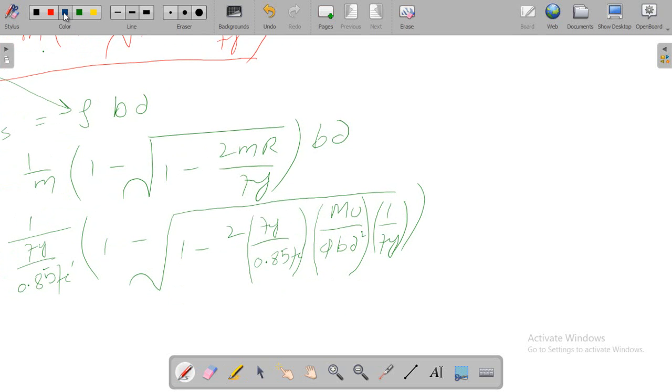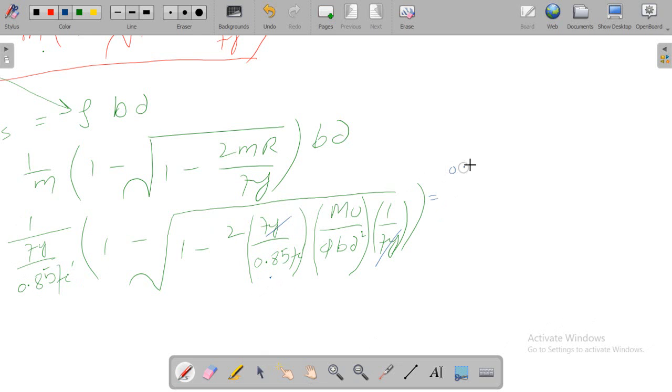So let me change the color. We will cancel this fy with this fy, right? We will shift this 2 to the denominator, so what we have, we will shift this value to the denominator.